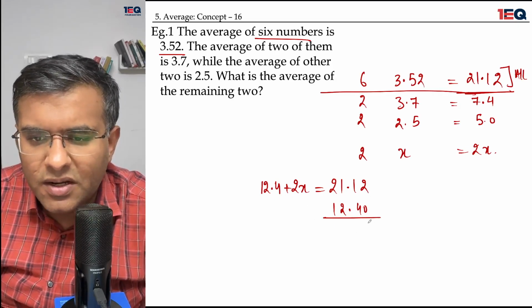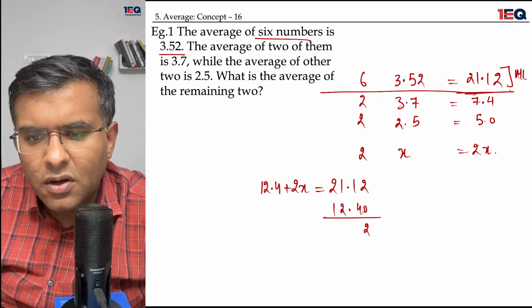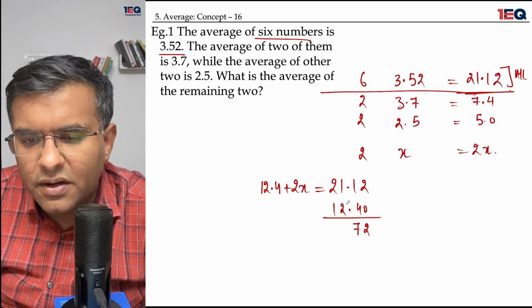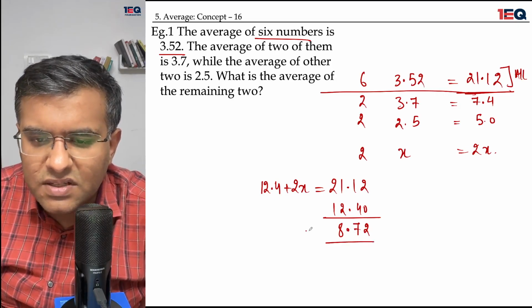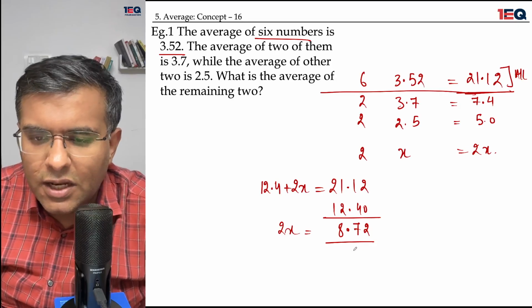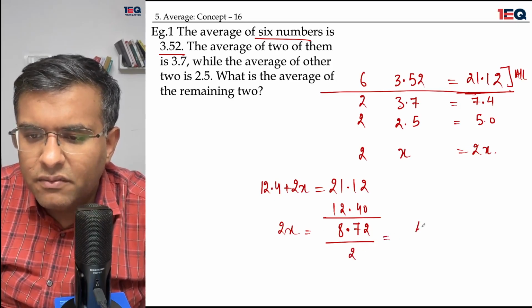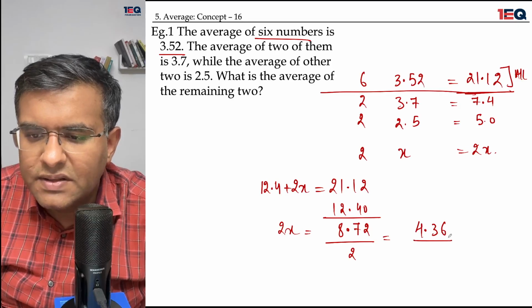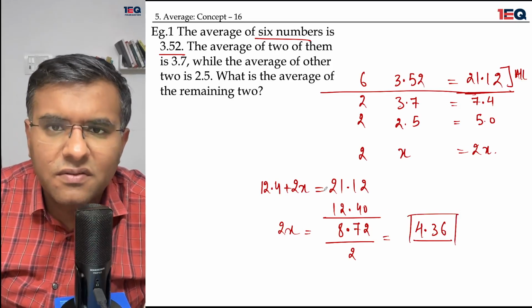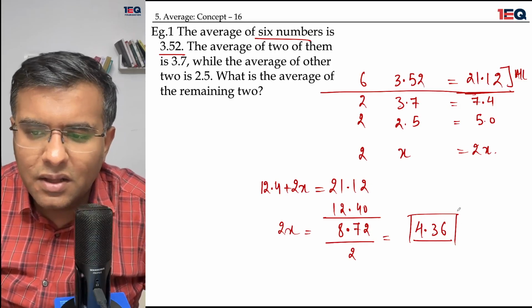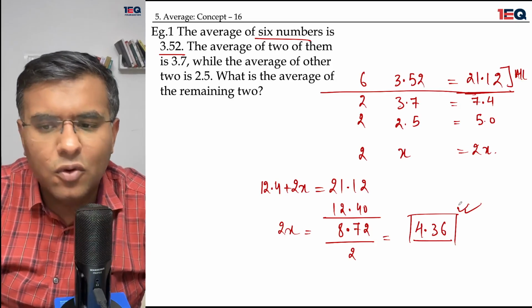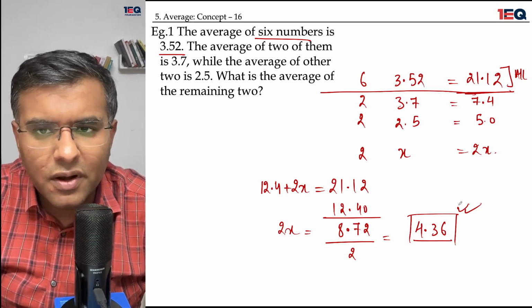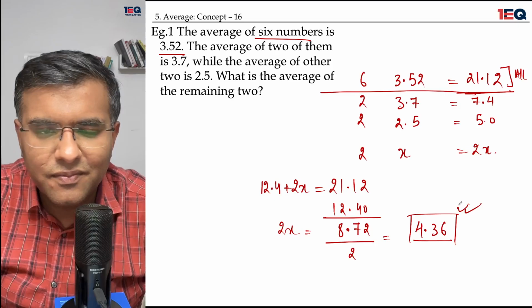Now I have come down to 8.72, which is the value of 2x. I'll quickly divide it by 2 as well, which would give me the answer as 4.36. So the average of the ones which are remaining behind is 4.36. All right, good enough. Moving on.